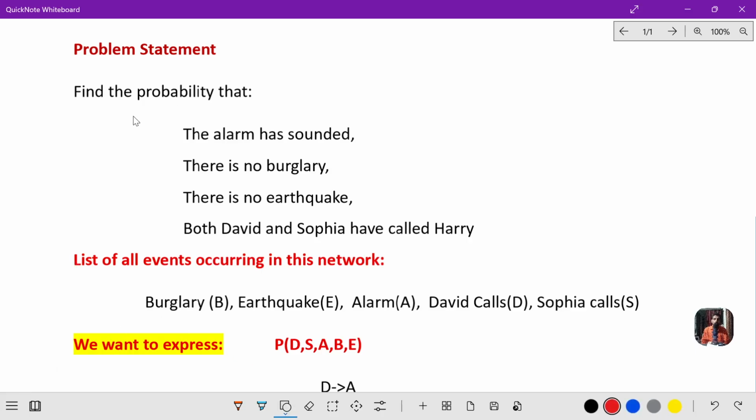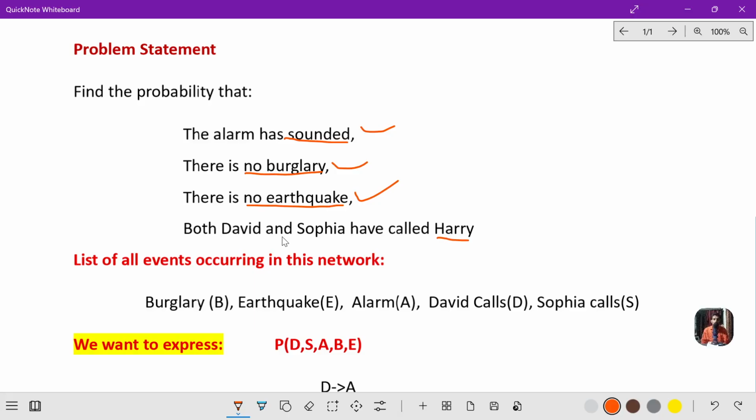We are going to find the probability that the alarm has sounded, there is no burglary, meaning no theft is going on, and there is no earthquake. Both David and Sophia have called Harry.